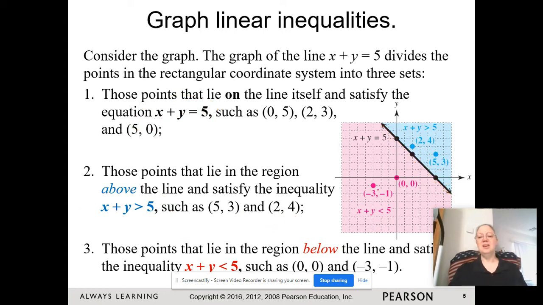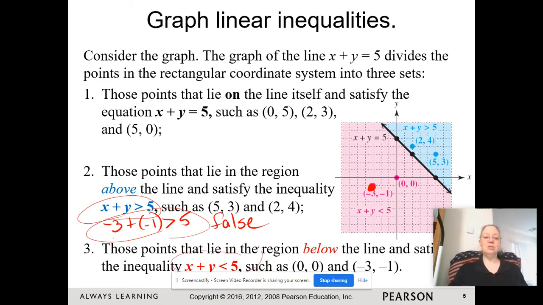On the other hand, let's suppose we have (-3, -1). If we put it into this inequality, negative 3 plus negative 1 is greater than 5 is false. This point right here is not a solution to this inequality. However, it is a solution to x plus y is less than 5.